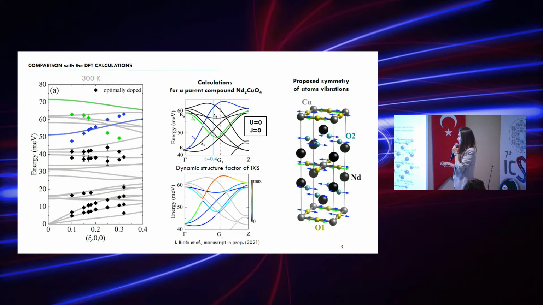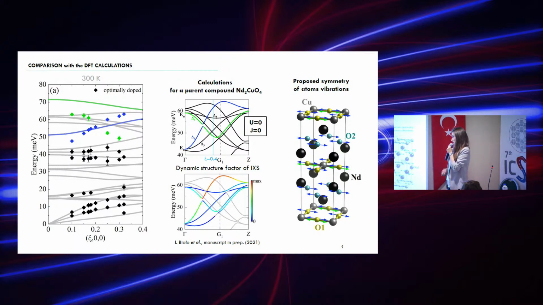And that's data for the optimally doped sample. As you can see, the data follows the calculations nicely, except for these two highest phonon branches, so the ones for which the anomalous softening was reported. Calculations marked in this picture by gray lines are calculations for the parent compound, so the antiferromagnetic one.